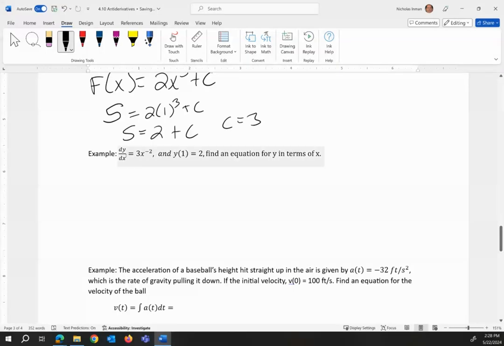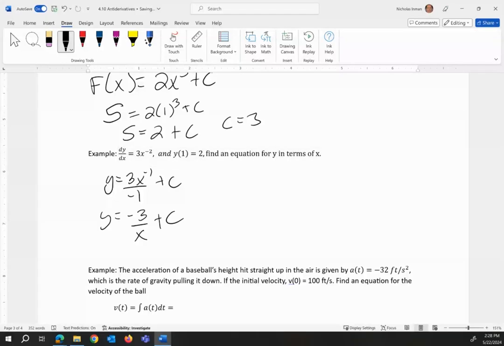I've got the derivative of something is 3x to the negative second power. All right, so to find my y, I take the antiderivative or integral. 3x, I add 1 to that, and I divide by that. All right, so I can say this is what? Negative 3x to the negative first, or negative 3 over x.